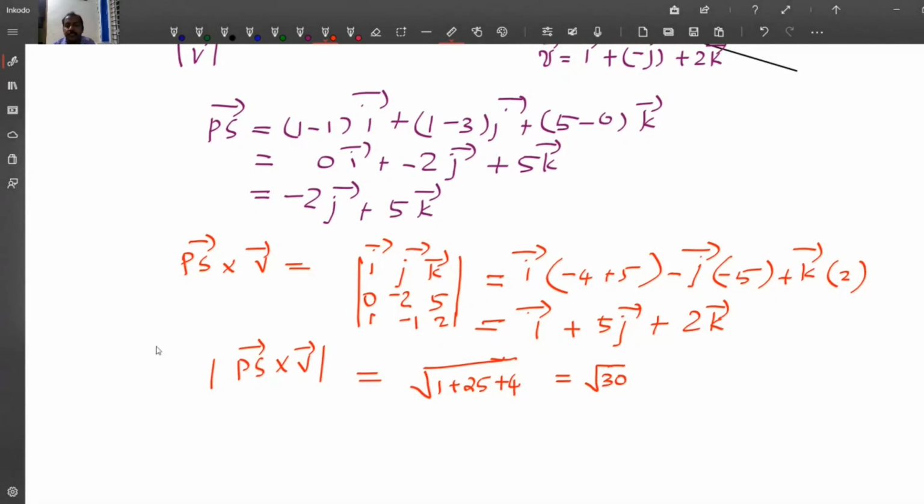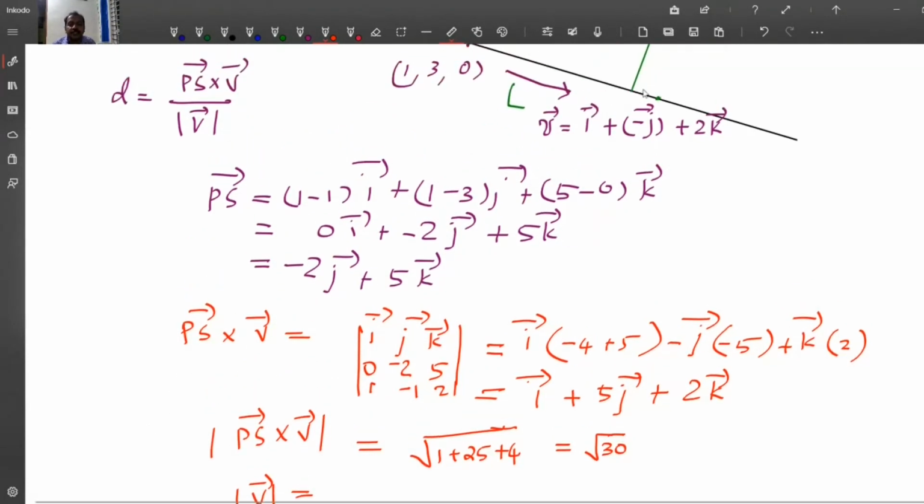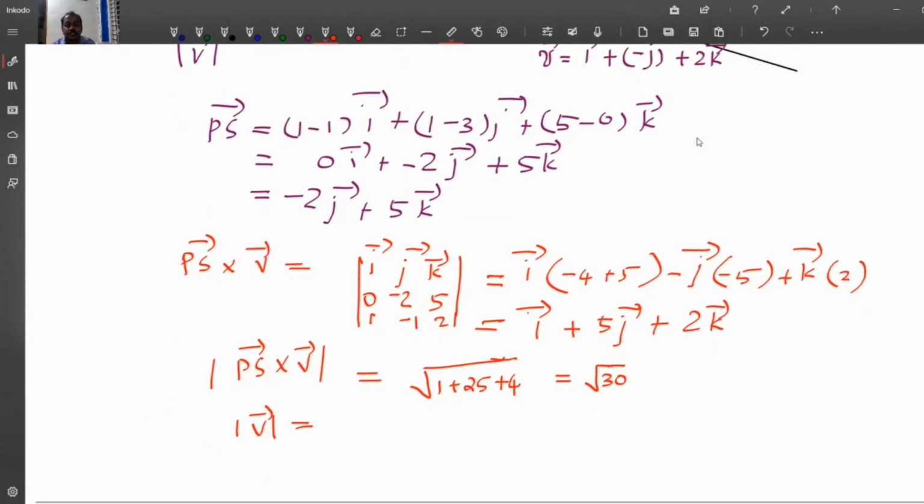And therefore what is D? You have to find the modulus of V also. What is the modulus of V? The vector is 1, minus 1, 2, so it is the square root of 1 plus 1 plus 4, which is root 6.